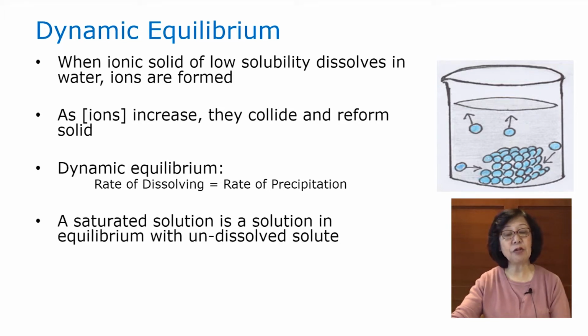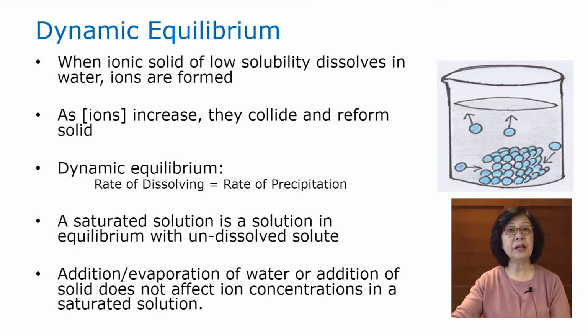That means a saturated solution is formed. It is a solution in equilibrium with undissolved solute. Any addition or evaporation of water to the saturated solution or any additional solid will not change the ion concentration in a saturated solution.